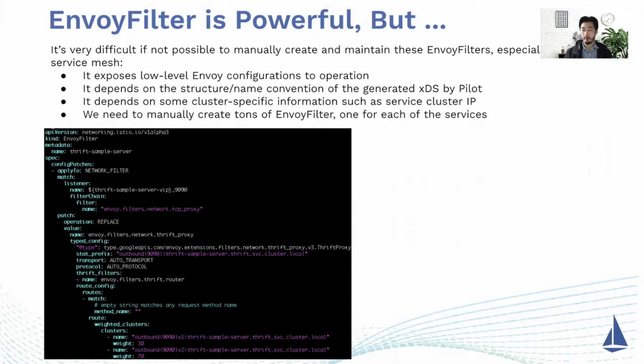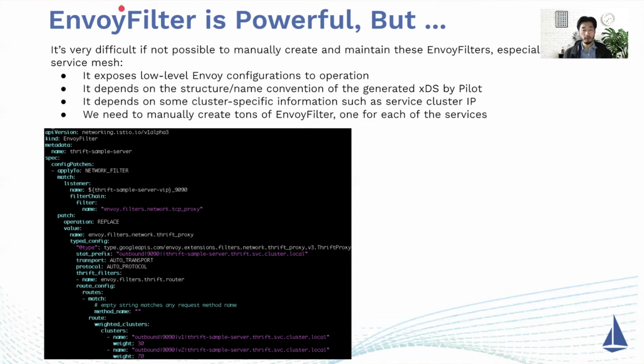You need to know the exact structure of the output configuration generated by Pilot, so you know how to write the match condition of the Envoy filter that could successfully select the correct TCP proxy that you want to replace. This structure, like listener, filter chain, cluster, may change as they evolve to new versions. So the Envoy filter that works in the old version could break in the new versions.